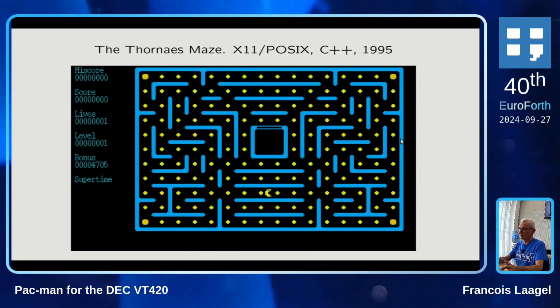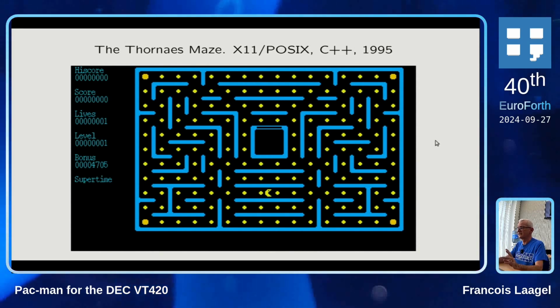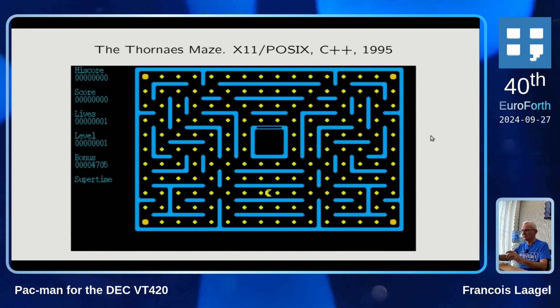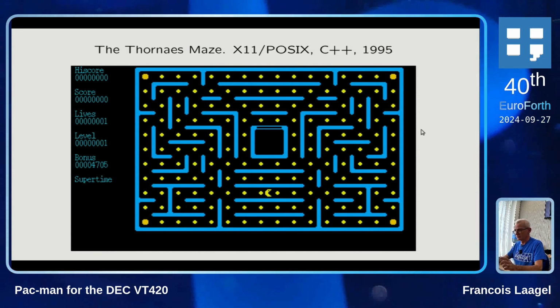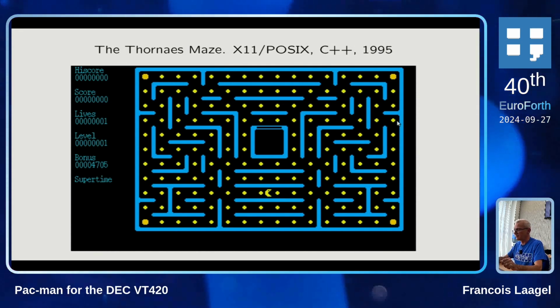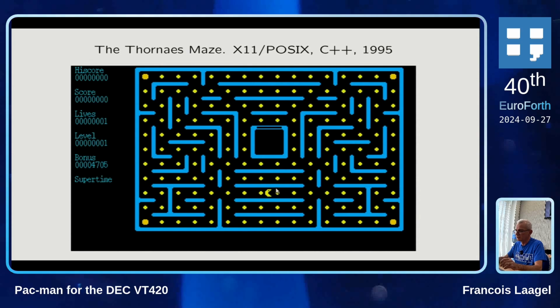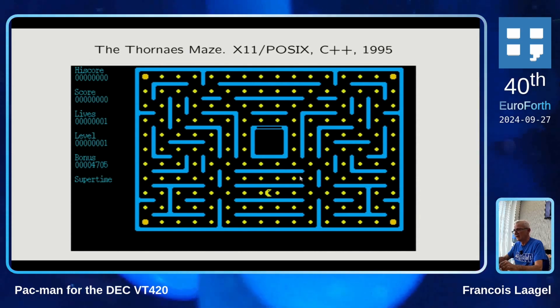So I went for this topology, but what I call the business rules, the gameplay, and the ghost moving policy, everything has been kept as close as possible to the original. This is Pac-Man here. It looks like a pizza with a missing slice.